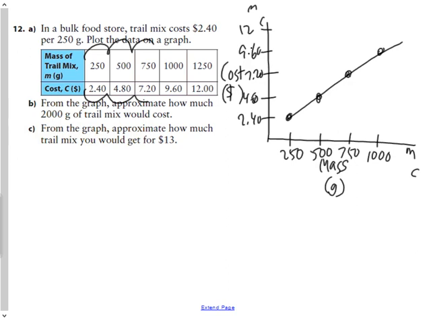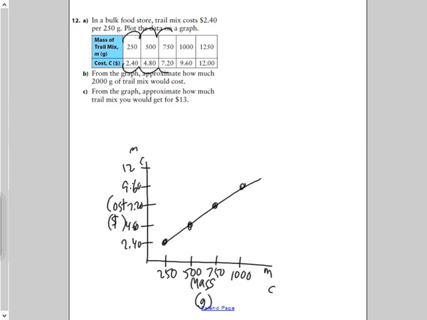So, oh, sugar cubes. My graph is too small. Hang on a second. Okay, my bad. So I have to extend this. So I got 1,250, 1,500, 1,750, 2,000. And I got to extend this so that I have 4 more here.